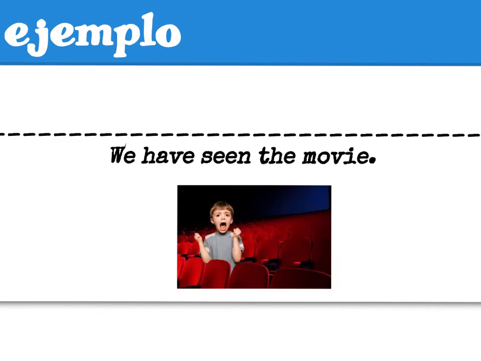Okay, aquí yo tengo un ejemplo. We have seen the movie. So as I had stated before, you have your first step of the verb haber. So haber nosotros is hemos. That's your first step. Your second step is your past participle.